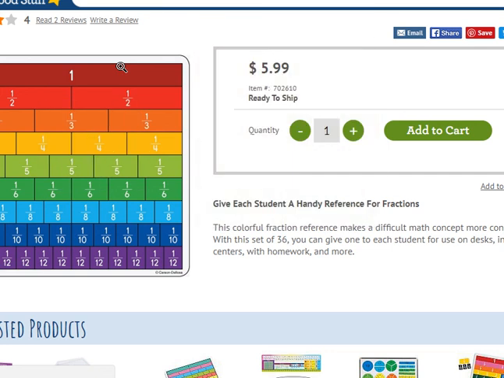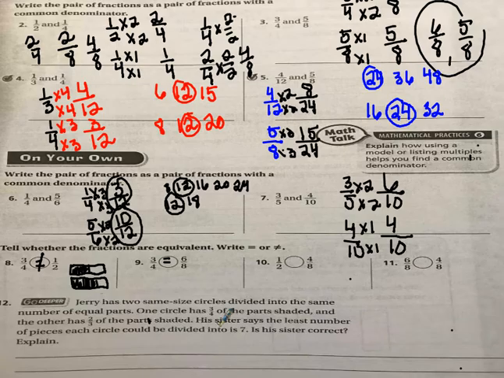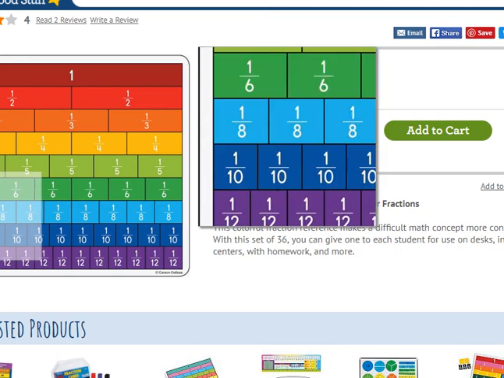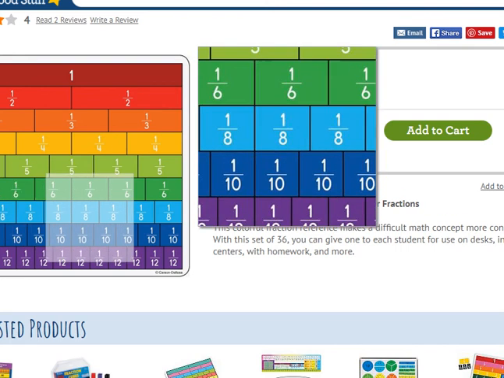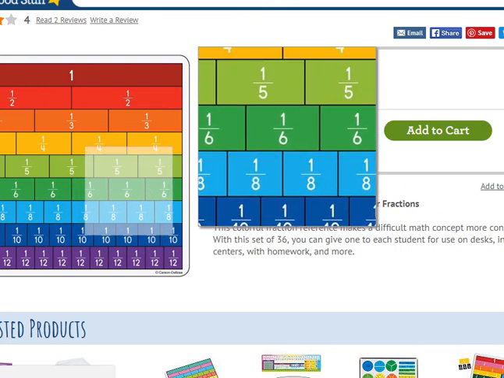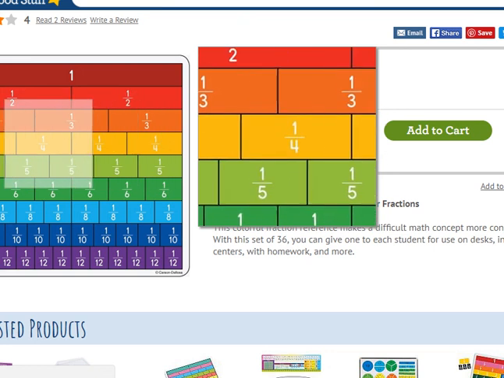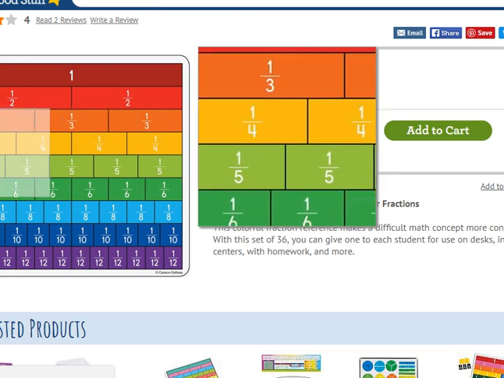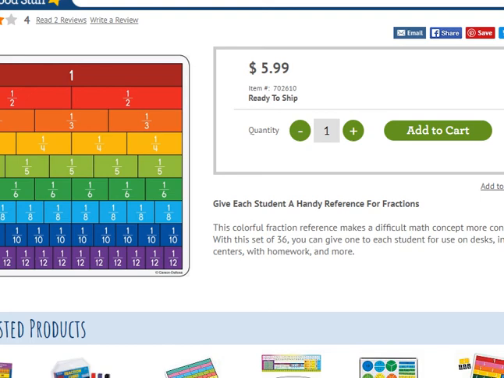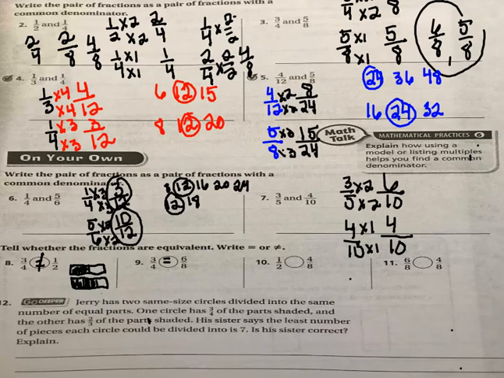Okay, and then my other fraction was 6/8. So I'd have 1, 2, 3, 4, 5, 6. Okay, and if you look at this line, it goes straight up to where my 3/4 area is. So those two fractions would be equal.